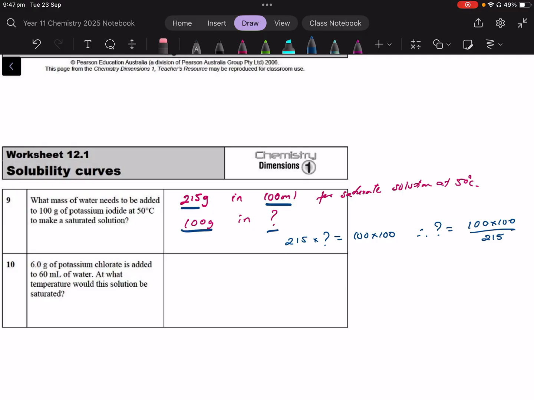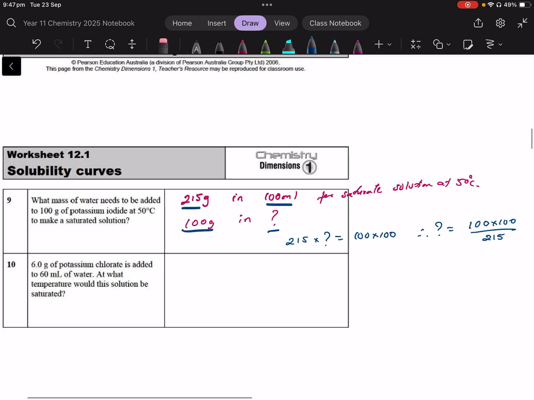The last question here is very similar again. You got 6 grams in 60 milliliters of water. At what temperature would the solution be saturated? So really I can only compare in 100 milliliters.